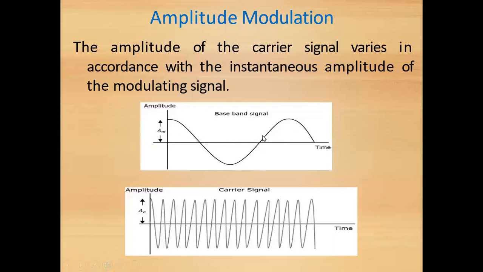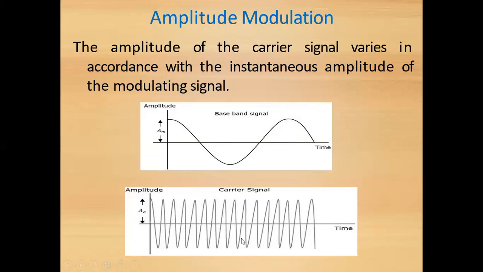For one full cycle it is taking more time. If it is a high frequency signal, for less time period itself, it will give more cycles, so the high frequency signal is represented like this. So this is the input baseband signal. We can call it the message signal or information signal.